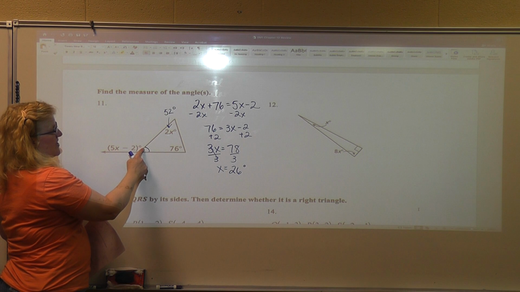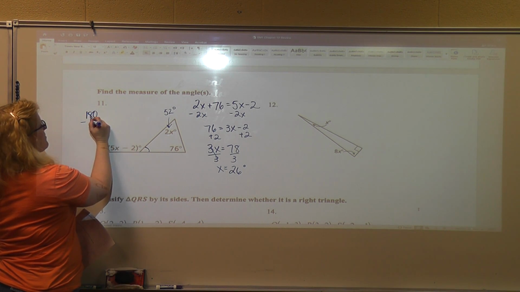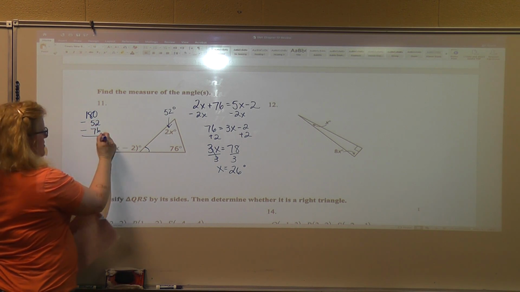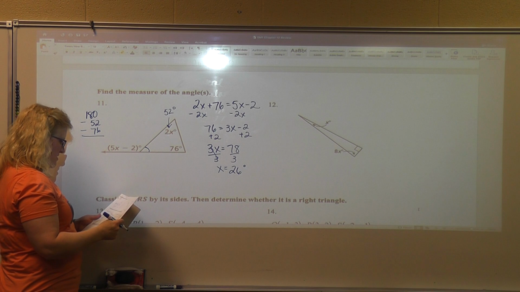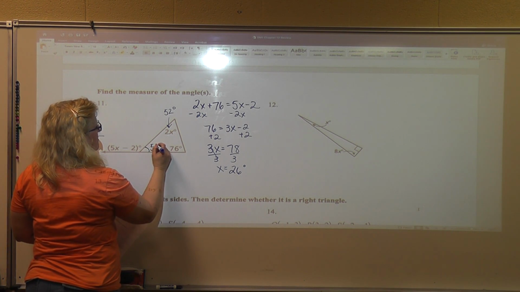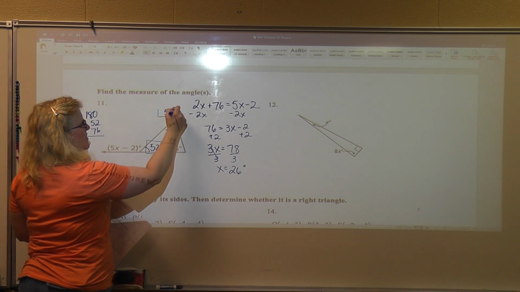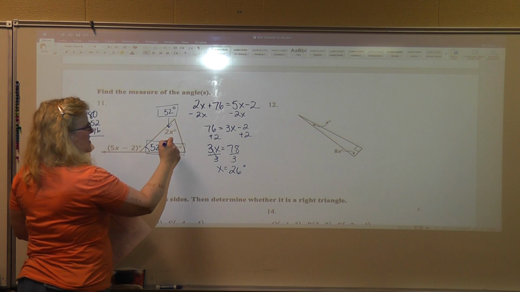And that means that this angle right here is 180 minus 52 minus 76. And that is also 52 degrees. So my answers to this one are 52, 52, and 76.